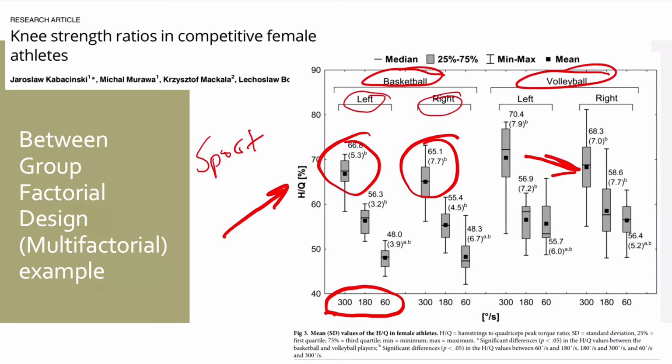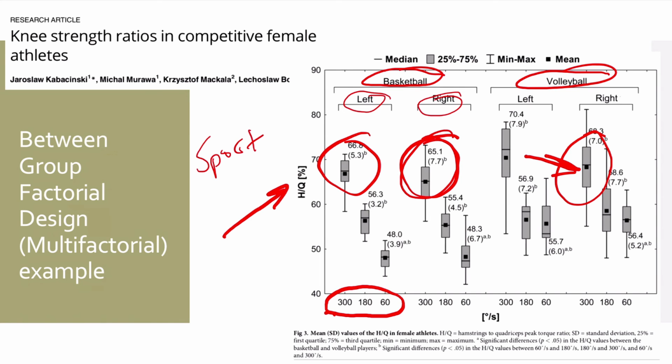We also can do comparisons in a study like this between sports. If we look at the right leg in the basketball players and compare it to the right leg in volleyball players, we can see that on average the volleyball players were somewhat higher in their hamstring to quad ratio.